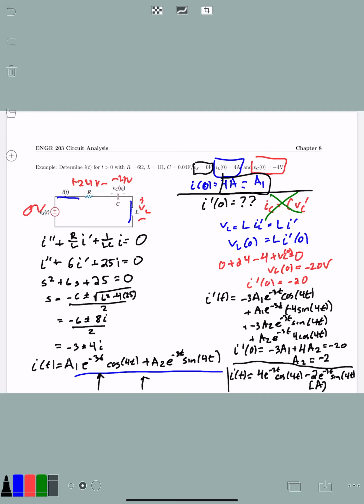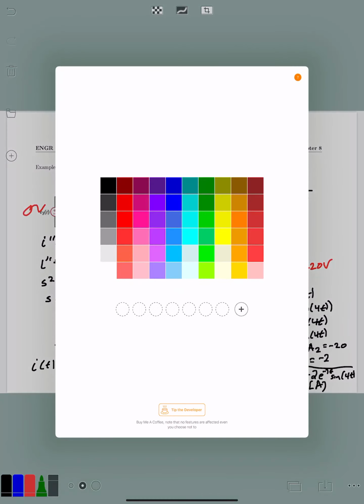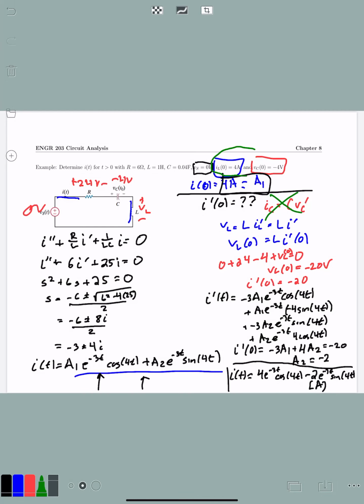So you can see there's a lot of effort to find a1 and a2. I want to point out that this problem fit on one screen because they gave us the initial values of both the inductor current and the capacitor voltage.